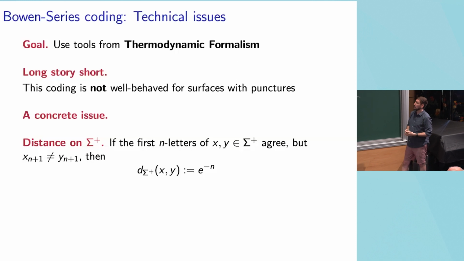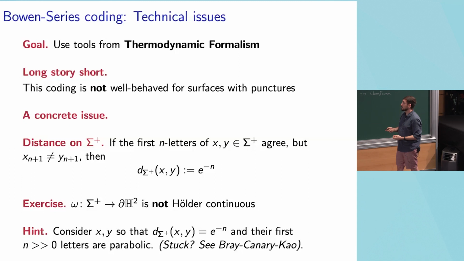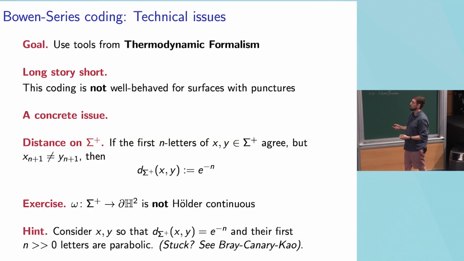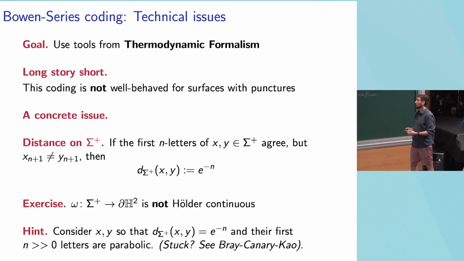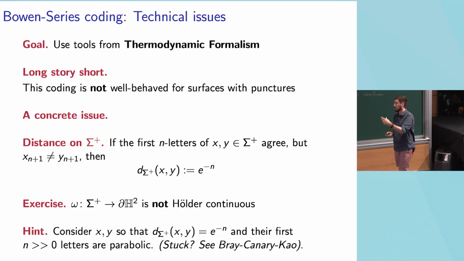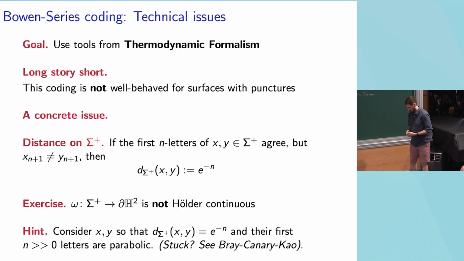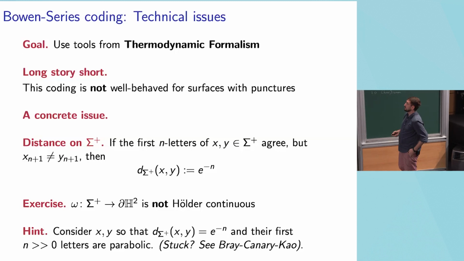And so a little exercise is that you could check that this map that takes an infinite word to a point in the boundary of H2 is not Hölder continuous in this setting. And I gave a hint. If you're stuck, there is a paper of Bray, Canary, and Kao on the pressure metric for quasi-Fuchsian representations, in which they explain why this fails.